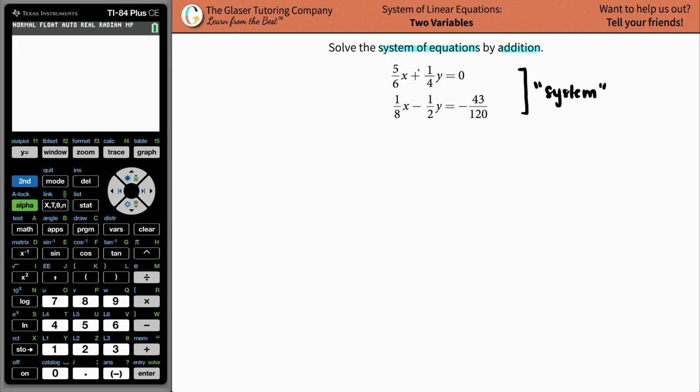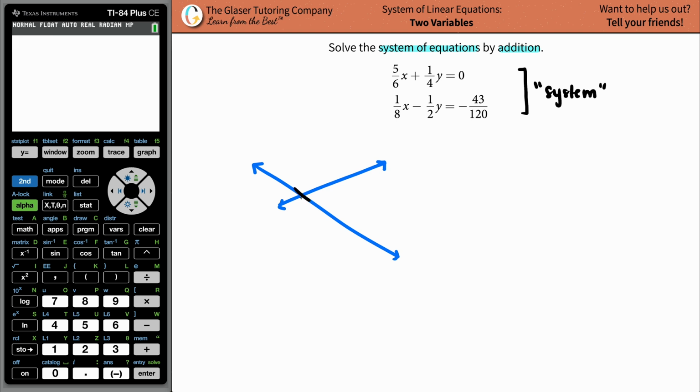So they gave us linear lines here because for both the x values and the y values, they are all raised to the first power. That's a linear line, right? No exponents, no x squareds, y squareds. So let's just say one of the lines goes this way and the other line goes this way. The solution, or what we're trying to solve for, is the point, or the coordinate pair, or the ordered pair, that is on both of these lines.